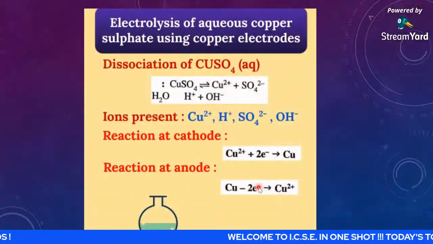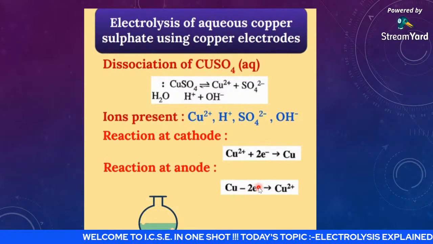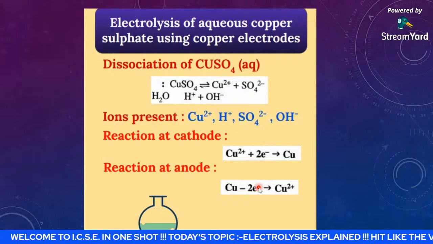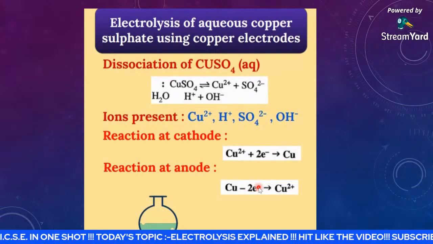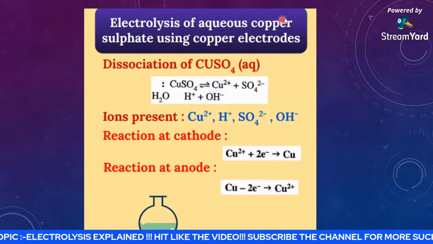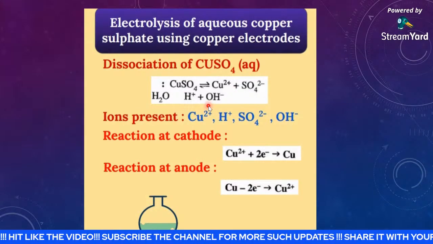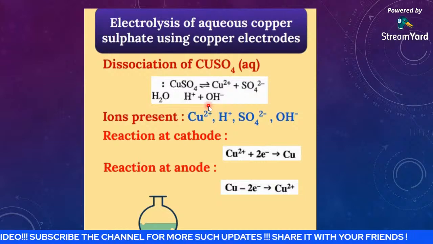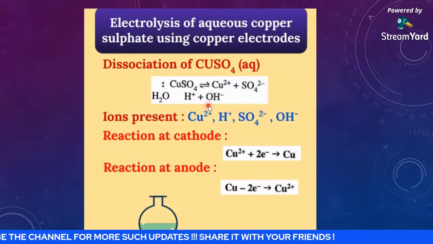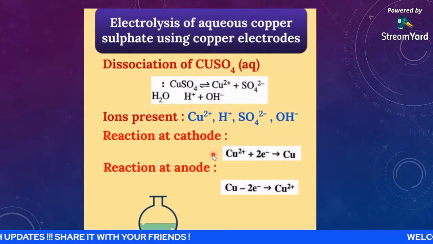In this electrolysis, the dissociation of copper sulfate gives Cu2+ and SO4 2- ions. Similarly, water is broken down to give H+ and OH-. Thus, the ions present are Cu2+, H+, SO4 2-, and OH- respectively.